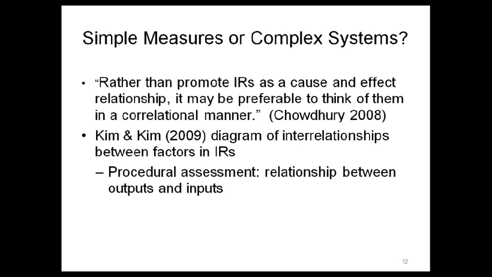But IRs are not simply collections of things. They are complex systems that have a lot going on technologically, within the scholarly environment, within the publishing environment, economically, in terms of interpersonal relationships. A lot is going on there.